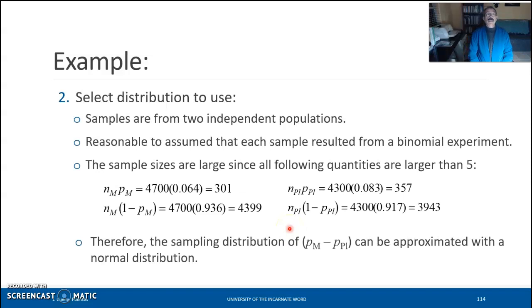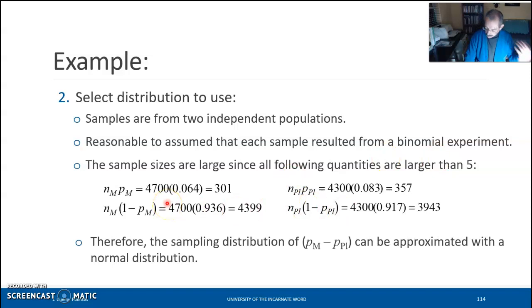All right, what's the distribution to use? Well, these samples are from two independent populations. And we can assume that these come from a binomial experiment, or that these are two binomial experiments. And by looking at the product of the number of individuals in each group times the number of successes and times the number of failures for each of the samples, you see that in every case these numbers are larger than 5.